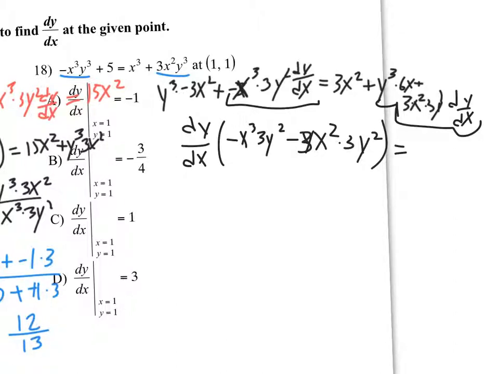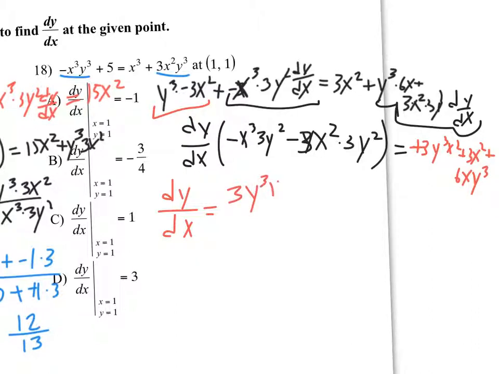The other side of this, we're going to have negative 3y cubed x squared, but on the right side that becomes positive, and then plus 3x squared, and then plus 6xy cubed.